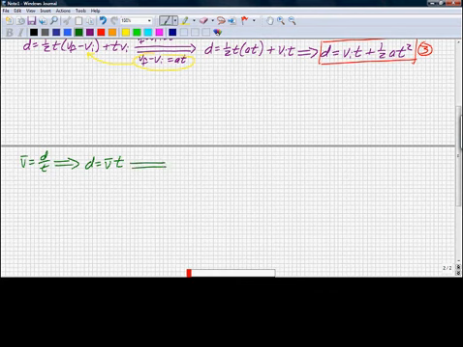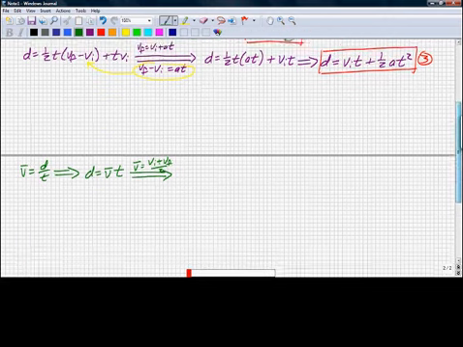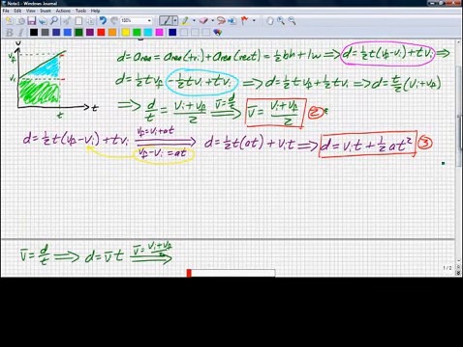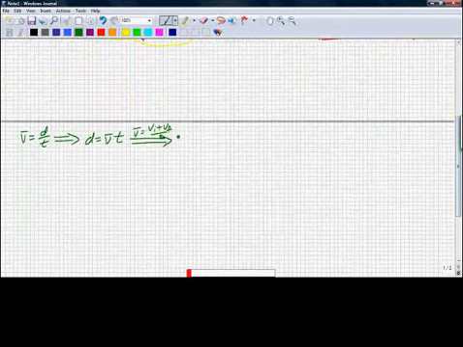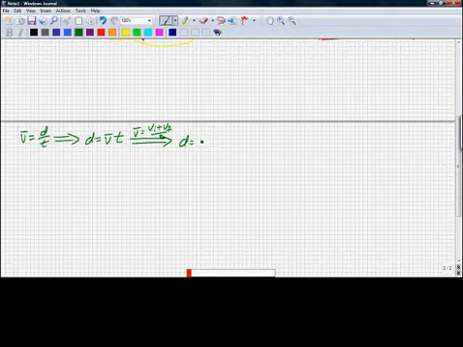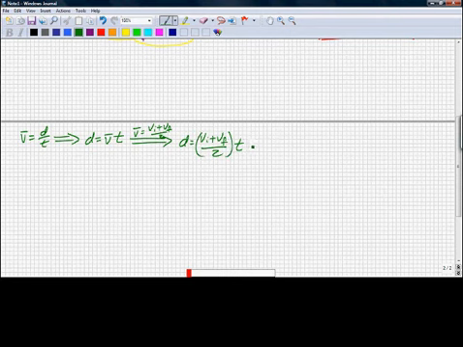Now we know already that v average equals vi plus vf over 2. How do we know that? That's our equation number 2. So we can write that d equals vi plus vf over 2 times t. Well, now let's do something a little funky, something you wouldn't normally see unless you knew what you were trying to do. This t here, we can go back to our first kinematic equation where we said vf equals vi plus at.